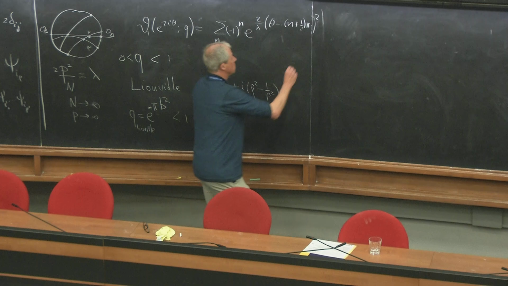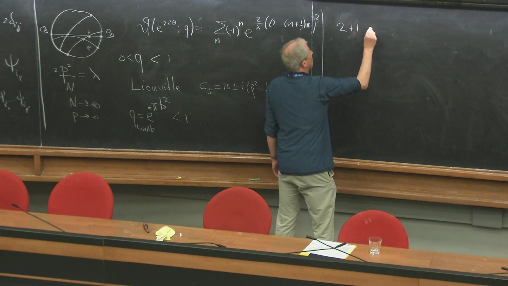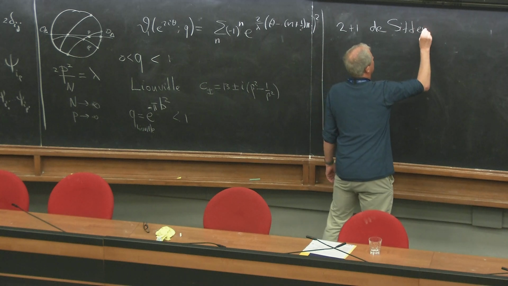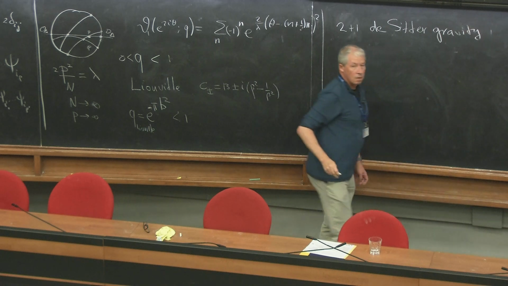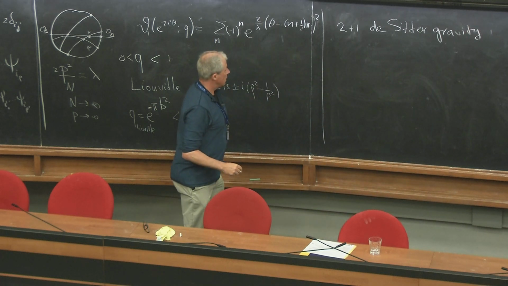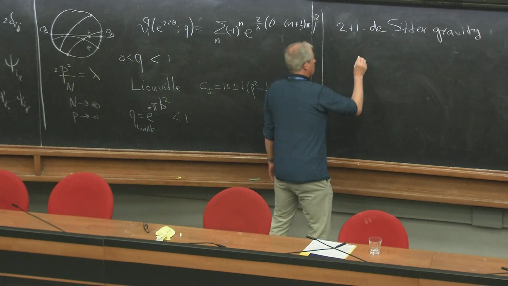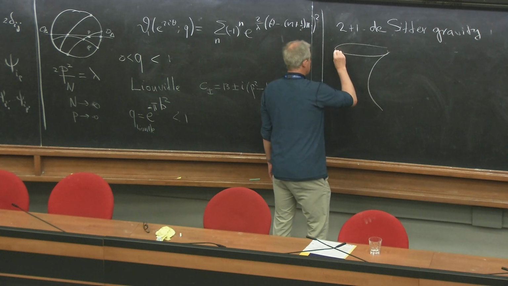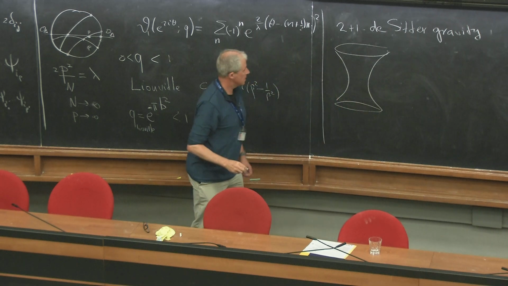But now let's go to 2 plus 1 gravity. So, again, I was drawing de Sitter space for you yesterday, and one way of thinking about it is just as this hyperbolic space.